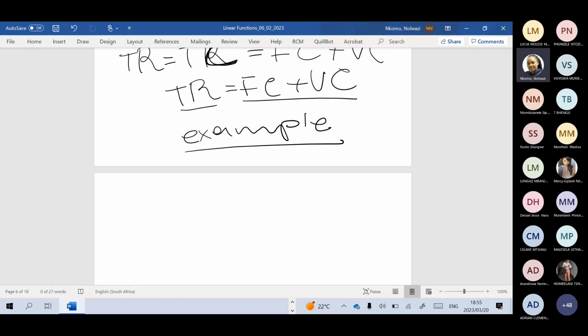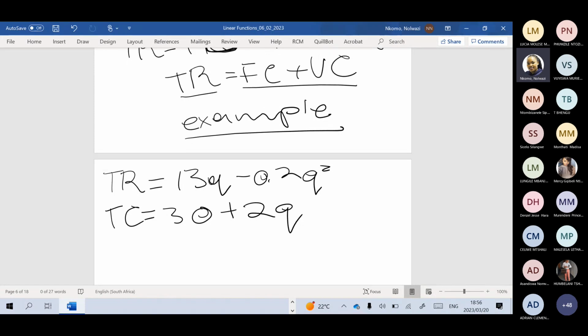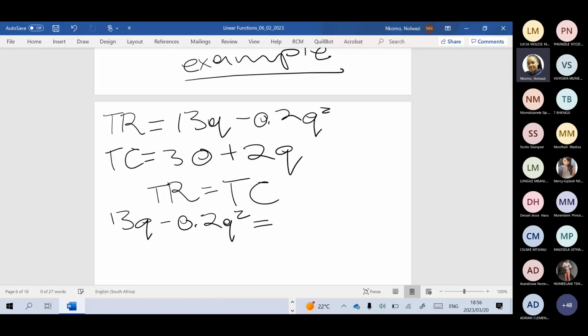Remember we're dealing with break even, and we know that break even occurs where the total revenue equals the total cost, right? And we know that the total revenue is 13Q minus 0.2Q squared, and the total cost equals 30 plus 2Q, right?